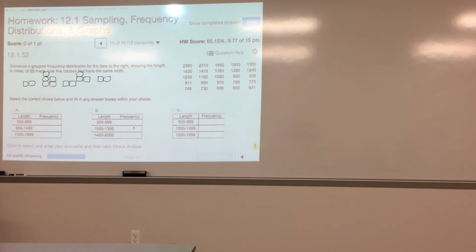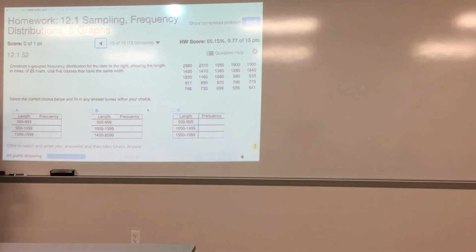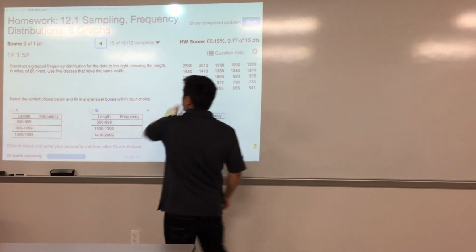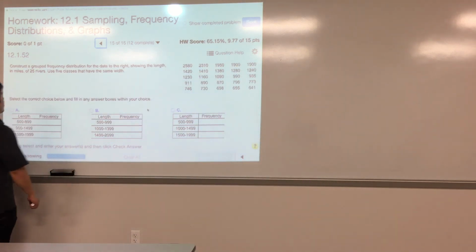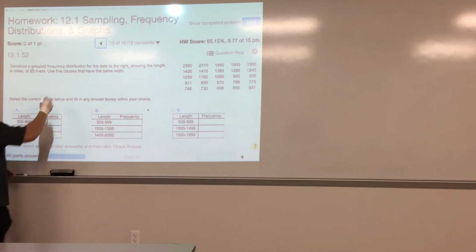And so this last one, let's take a look at it. They give you a data set, okay? And they say construct a grouped frequency distribution for this data, showing the length in miles of 25 rivers. Use 5 classes that have the same width.